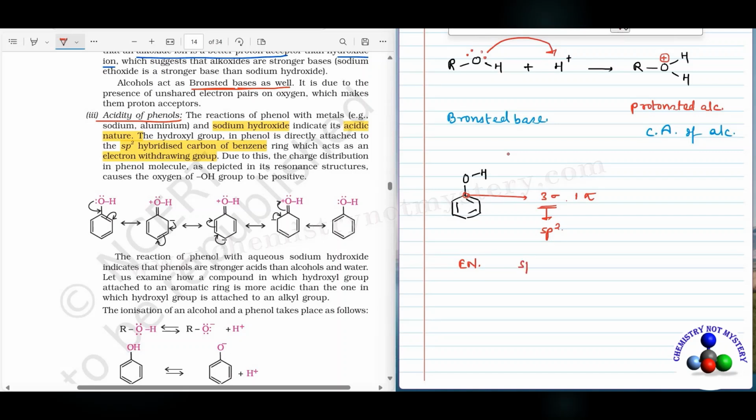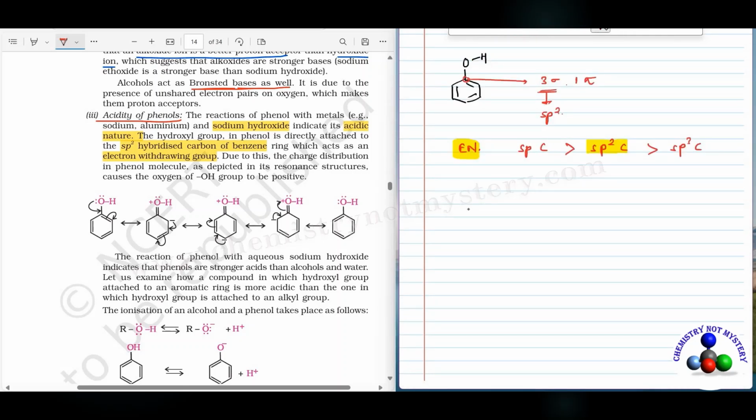So sp hybridized carbon is most electronegative, then sp2 hybridized carbon, and sp3 hybridized carbon is least electronegative. So that's why it is written there that sp2 hybridized carbon is electronegative and it can withdraw electron density.